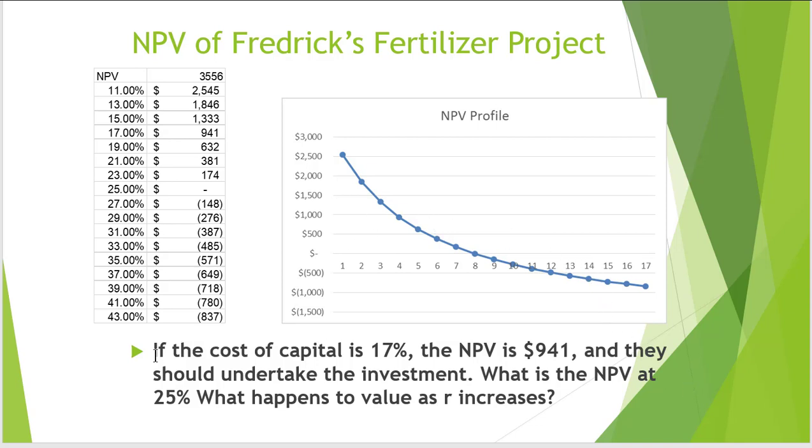So this comes from a worksheet that's called the net present value profile. And if you look at the actual data, if you will, of this project, you can see here in this first column, we have listed the potential discount rates, the R's, if you will. And in this column, we actually have the net present values based on that discount rate.